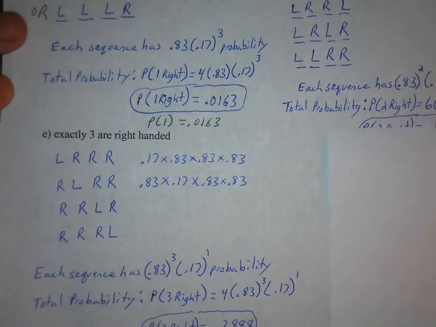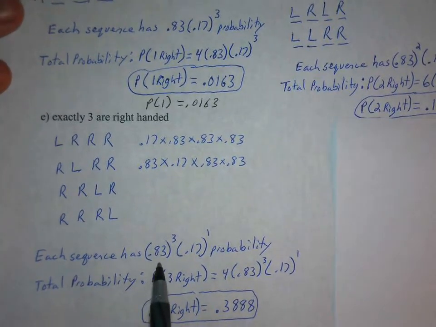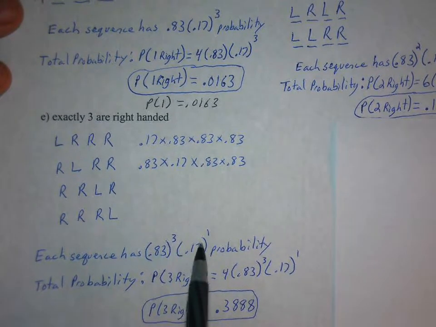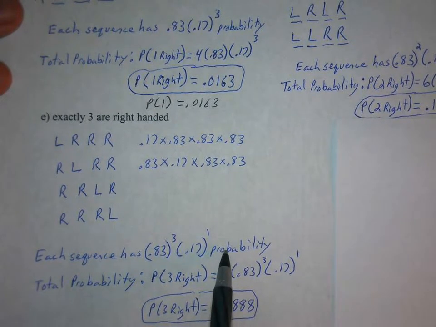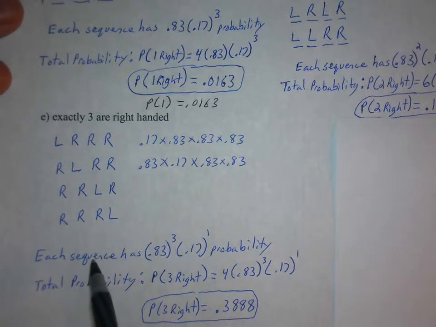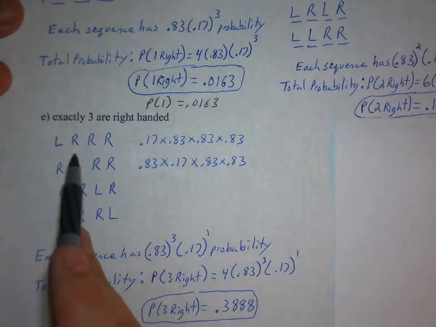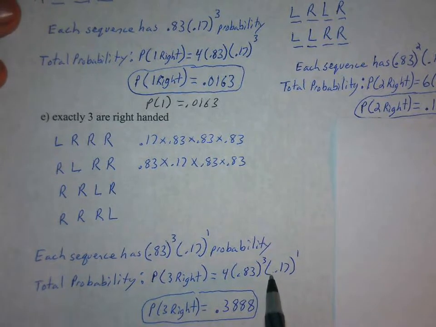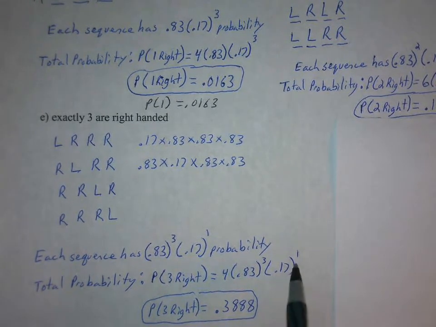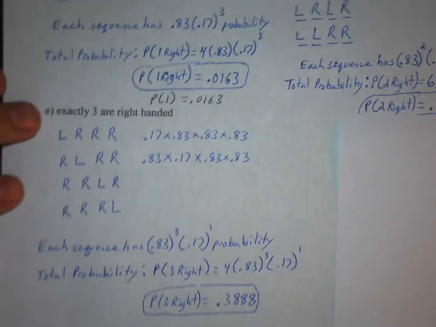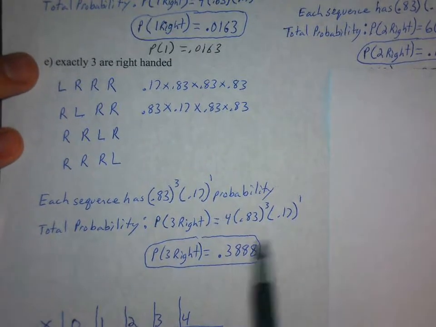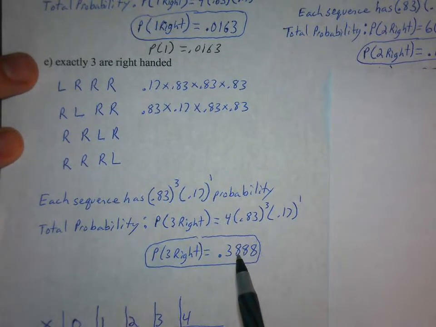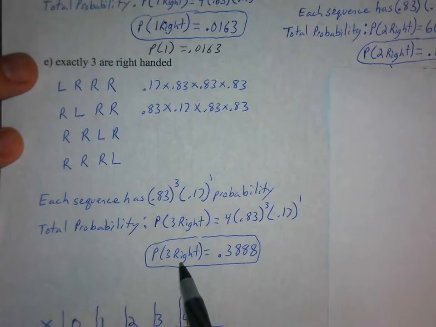So in that case, each of those probabilities has a 0.83 to the third times 0.17 to the first probability. So the total probability will be 4, because there's 4 of those sequences, times 0.83 to the third times 0.17 to the first. So the probability of 3 right is 0.3888. So about almost a 39% chance that exactly 3 will be right-handed.